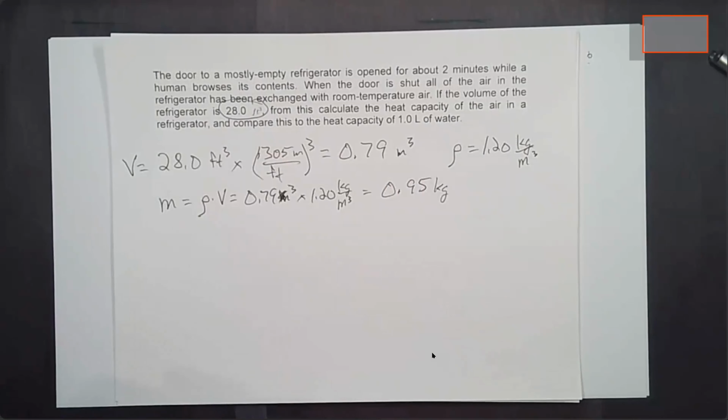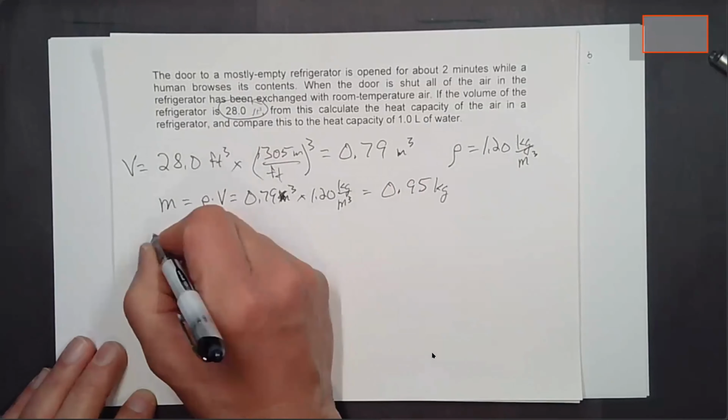Okay, and then what did we have? Oh, we had a molar heat capacity for a diatomic gas.